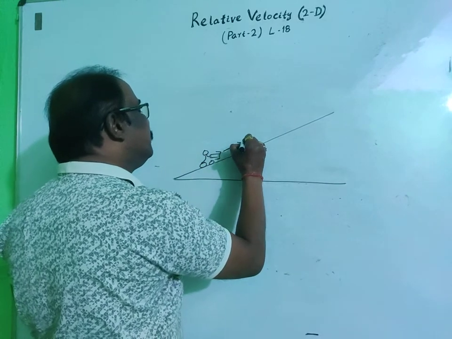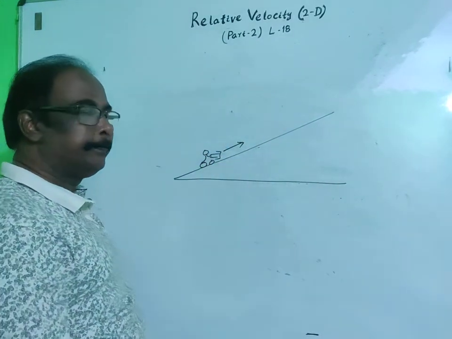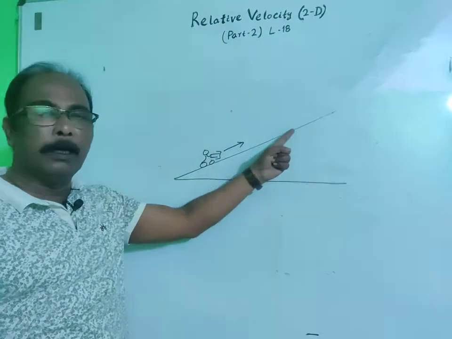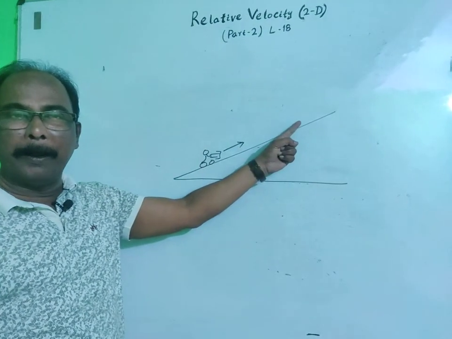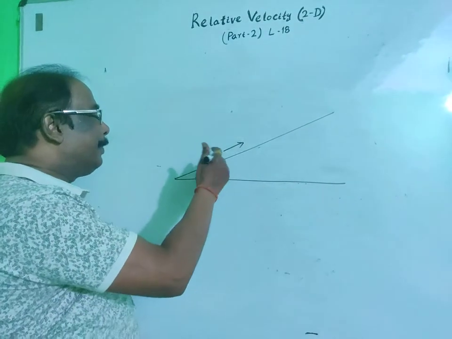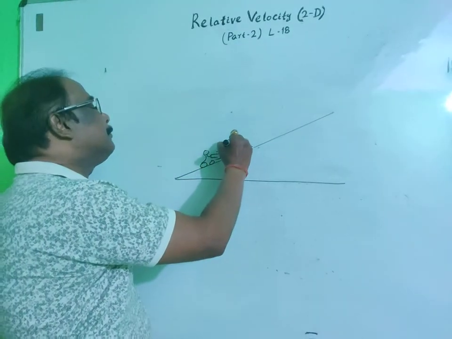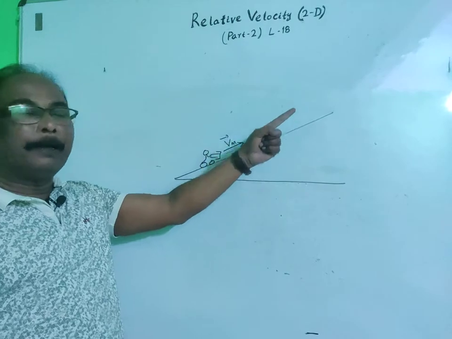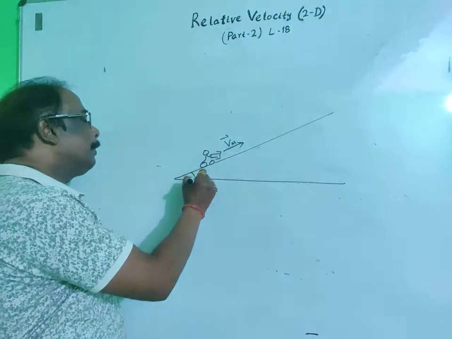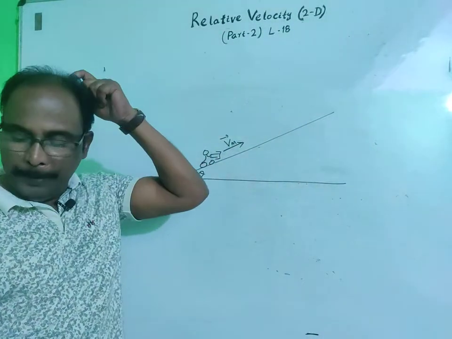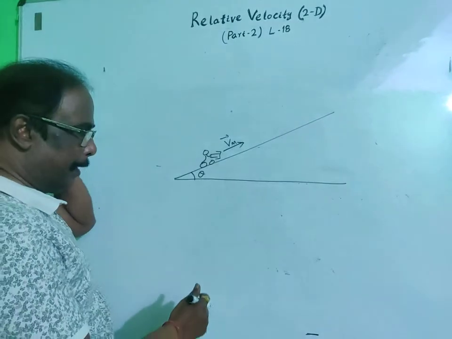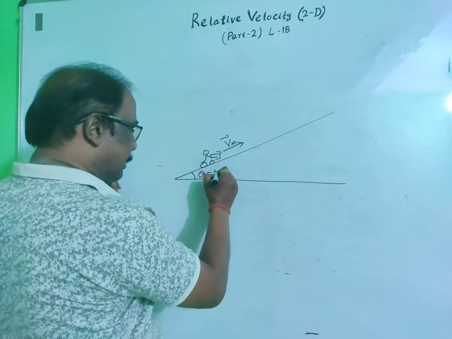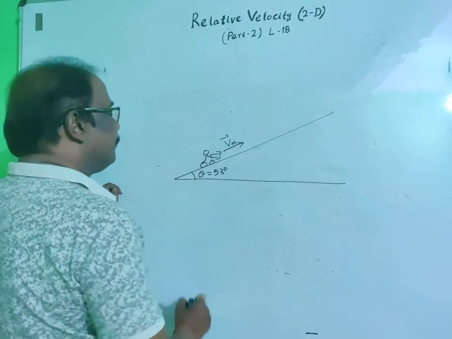Cyclist is moving on the inclined plane. We will assign some velocity. This is velocity of man moving up the plane. Angle of inclination is theta. We may take any value. Suppose we may take 37 or 53 degree.